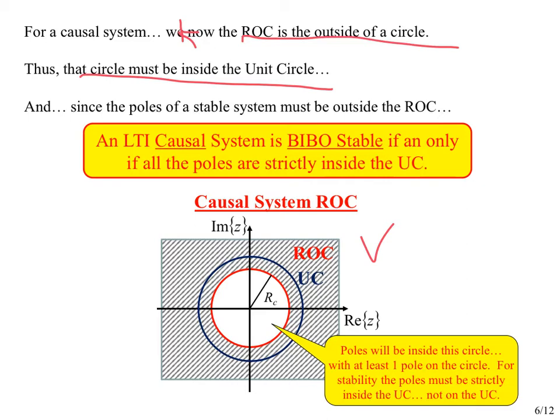And so that leads us to this idea that all the poles must be strictly inside the unit circle in order for a causal system to be BIBO stable. So we've now established the result that I kind of just foisted upon you in Signals and Systems, but now we have a little stronger establishment that that is actually true.